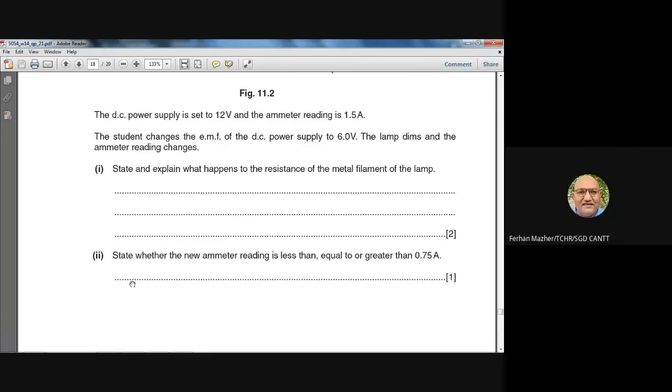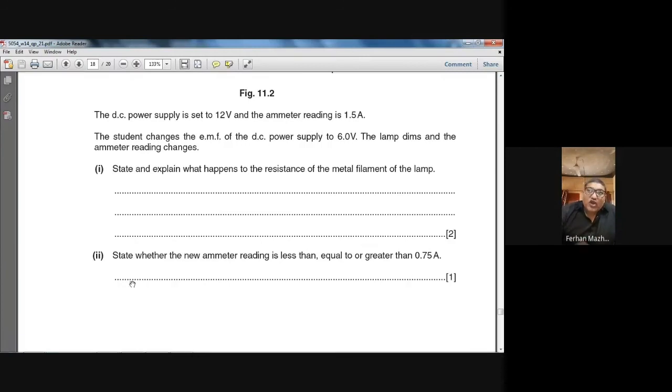Then you changed the voltage, you made it 6 volt. So you have halved the voltage; it has become half of the previous value.